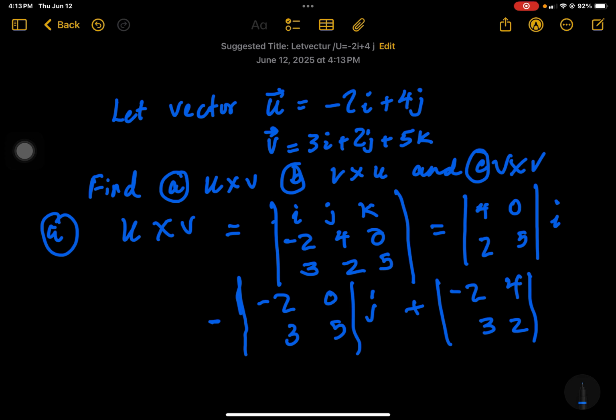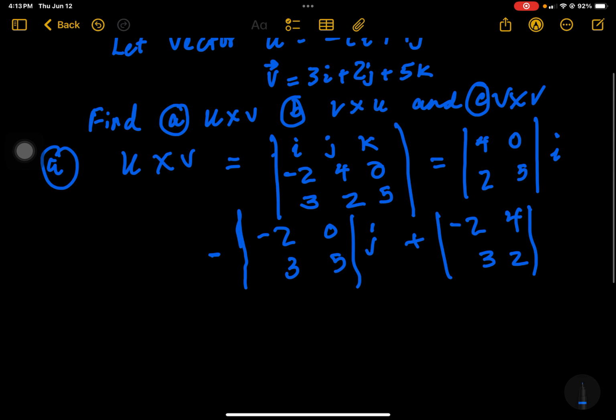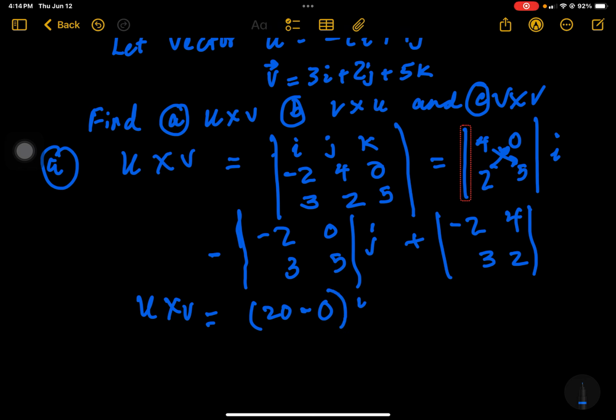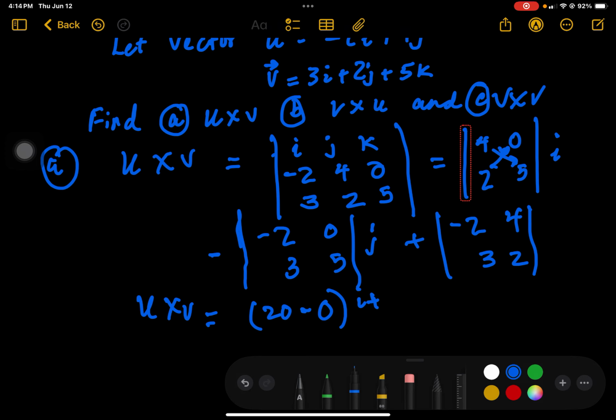Okay, so now I need to simplify. So u cross v is equal to 4 times 5 is 20, minus 0 times 2, and 4 times 3 is this 2, and then this 2, minus 0 times 2 is 0. That is the i component. Similarly, it's actually a minus, so let me make it minus.